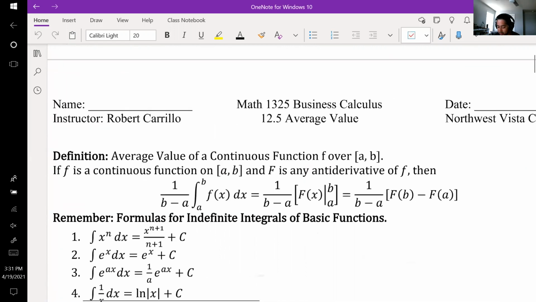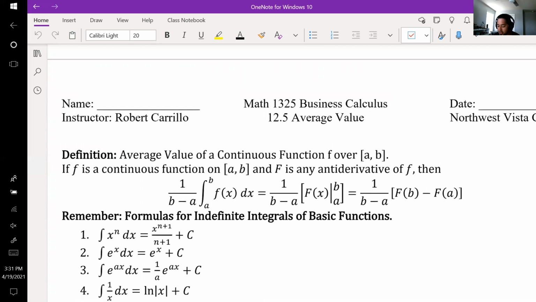This says that the average value of a function over some interval [a, b], if f is a continuous function on the interval [a, b], and capital F is any antiderivative of f, then we have the formula 1 over b minus a times the integral from a to b of f of x dx will equal 1 over b minus a of F of x evaluated from a to b, and everything we've done already.